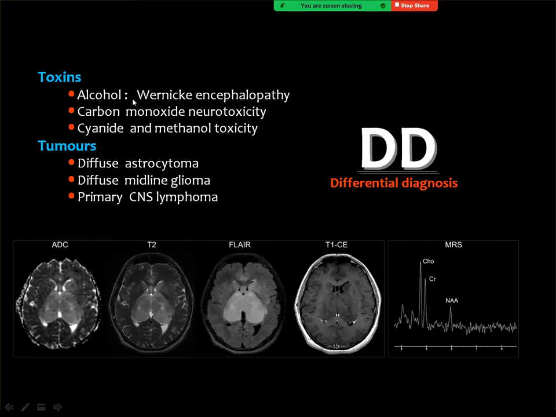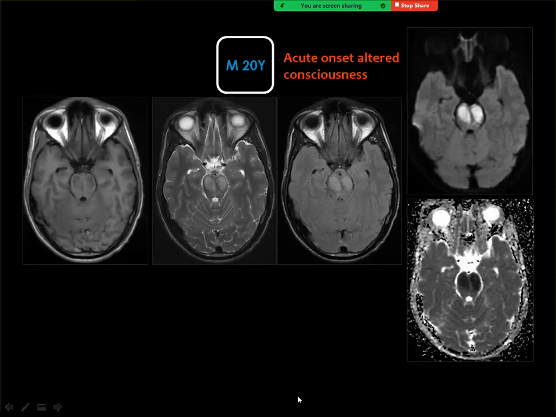Toxins like alcohol in cases of Wernicke encephalopathy, carbon monoxide neurotoxicity, cyanide and methanol toxicity. And tumors like the case I have presented, diffuse astrocytoma, diffuse midline glioma, and primary CNS lymphoma.